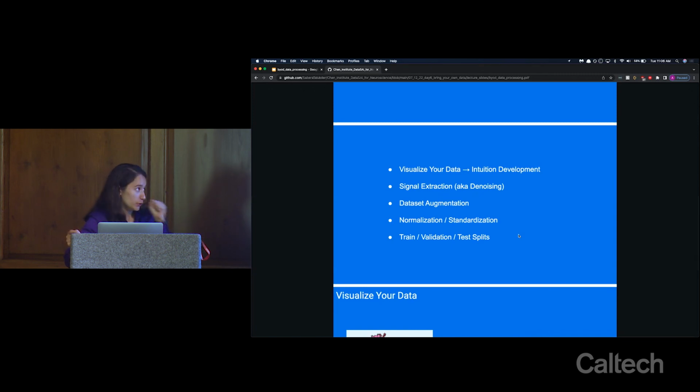Maybe it's already done for you. Augment your data if it's valuable and if you can, and if it's important. Sometimes you don't need to. Then normalize, standardize your data. And lastly, you can start to make some train validation test splits such that when we get to the modeling section, you're kind of ready to go. Okay? All right, let's do it.